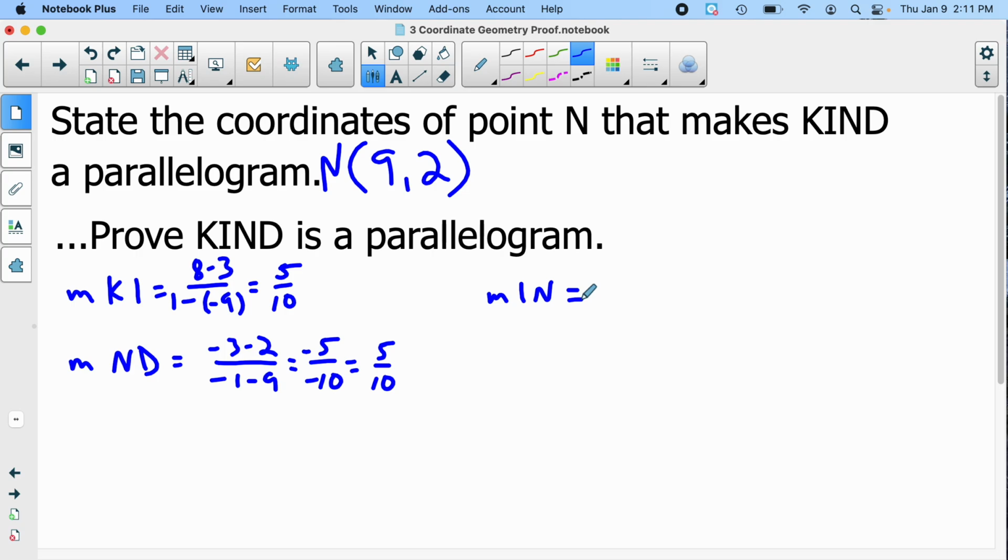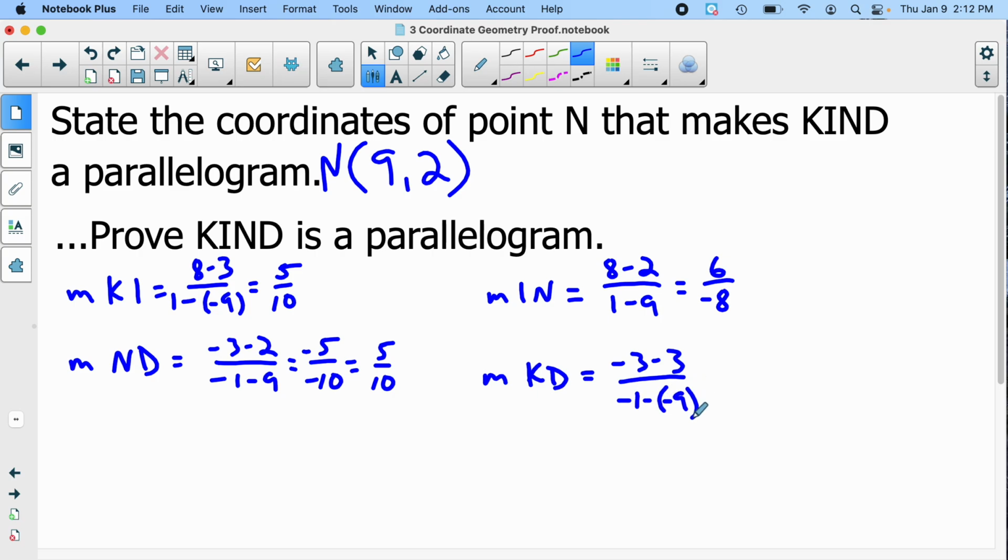If I do that slope formula, let's go 8 minus 2 over 1 minus 9, and that's going to give me 6 over negative 8. And if I do the slope now of side KD, let's do negative 3 minus 3 over negative 1 minus negative 9, which is negative 1 plus 9. So I get negative 6 over 8.